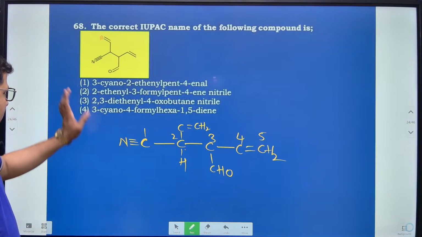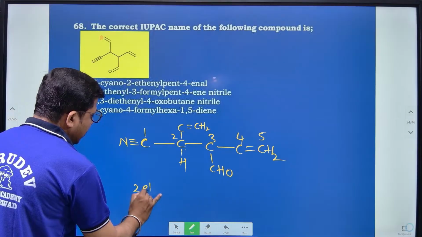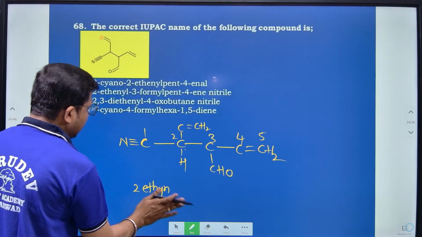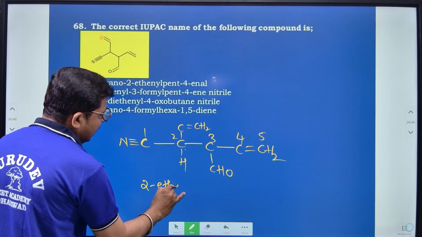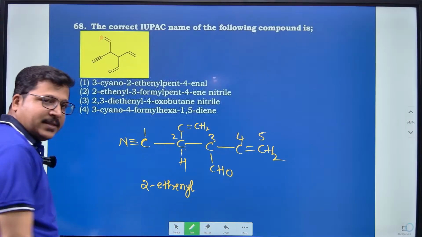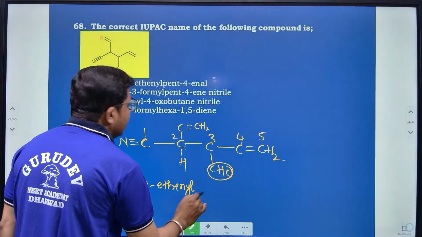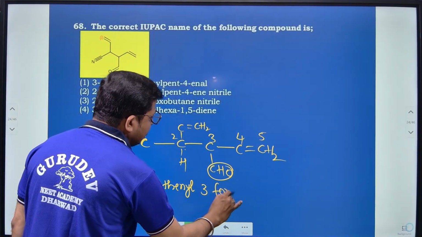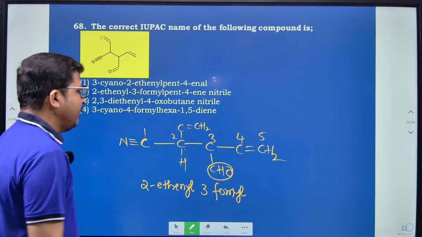Now, see here, this one is 2-ethynyl, right? This is 2-ethynyl. Next, CHO is here at the third position, therefore 3-formyl, right? 3-formyl.